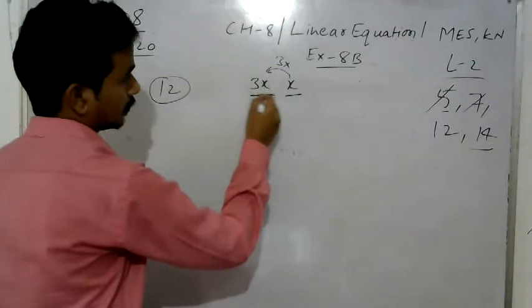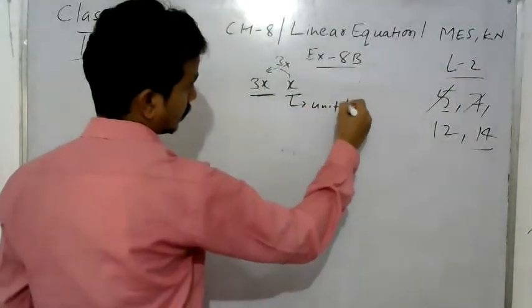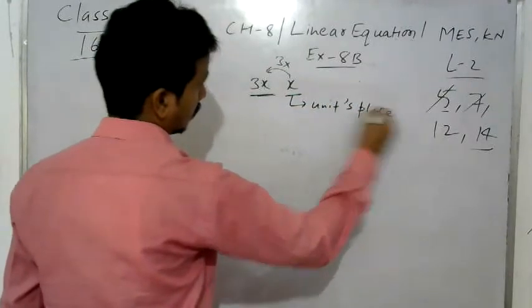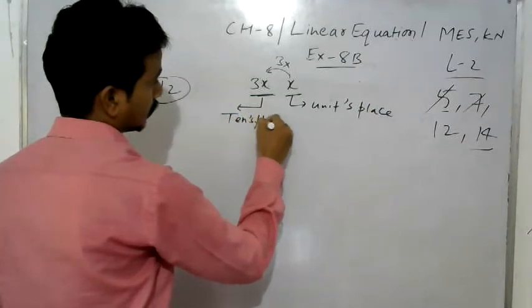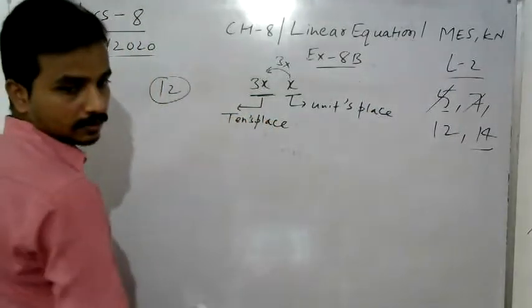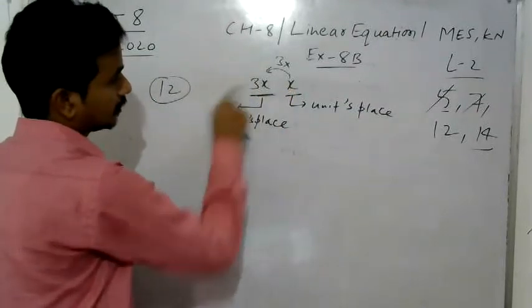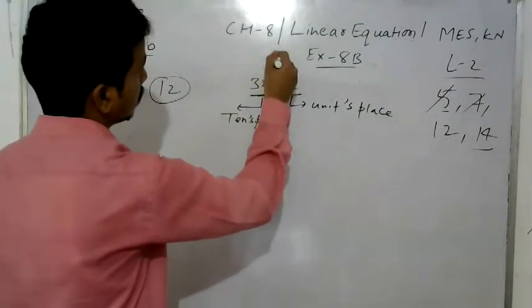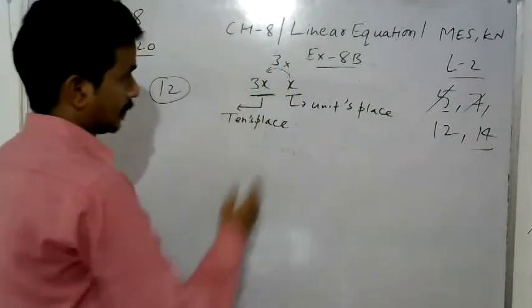So this is the digit at the units place, x, and the digit at the tens place is 3x.